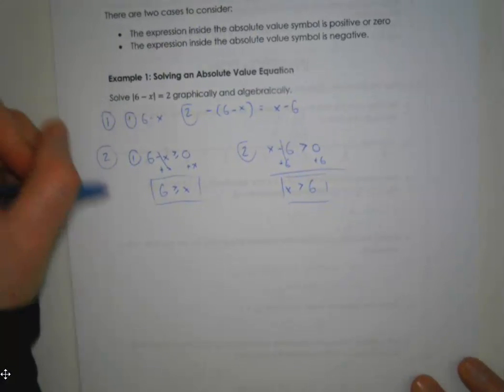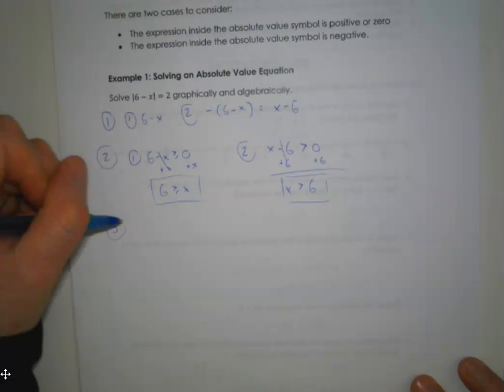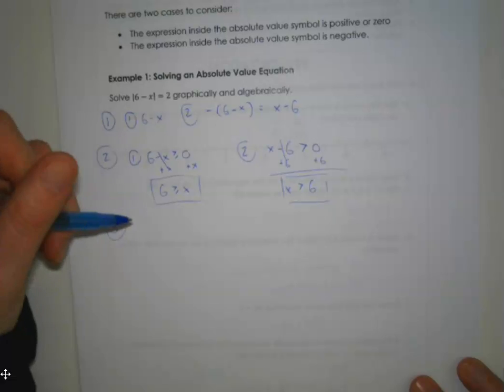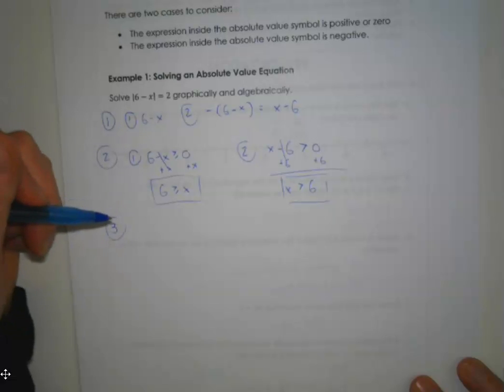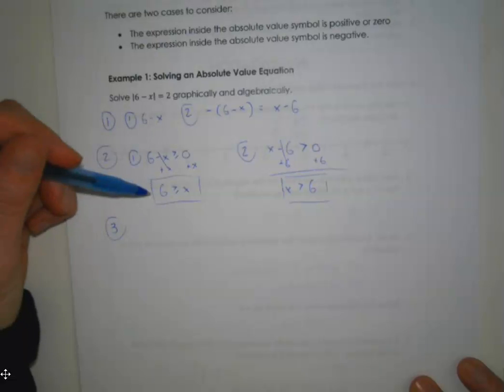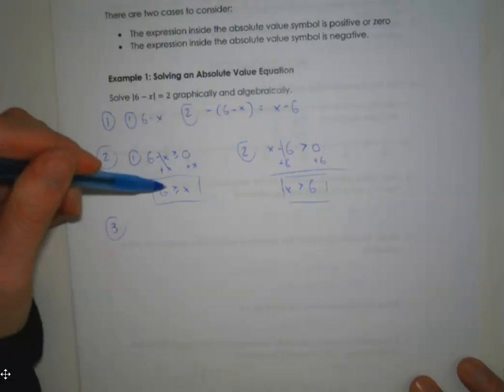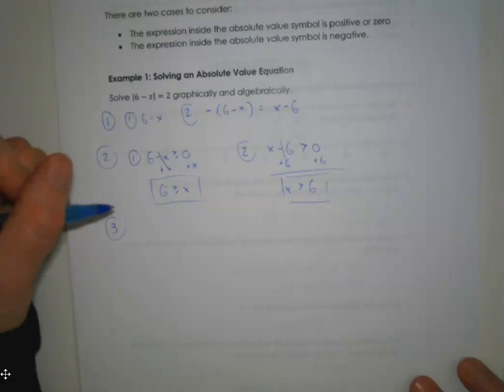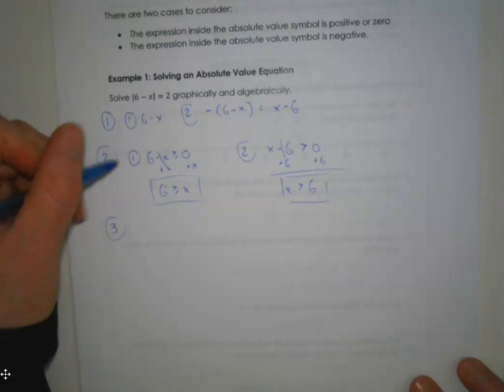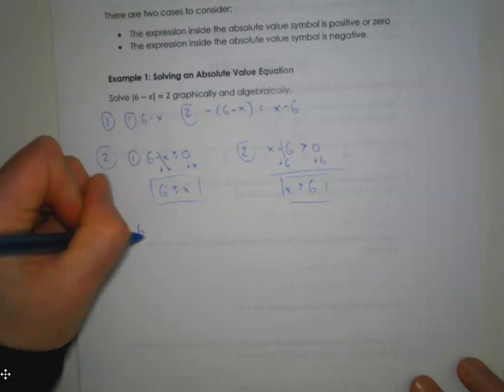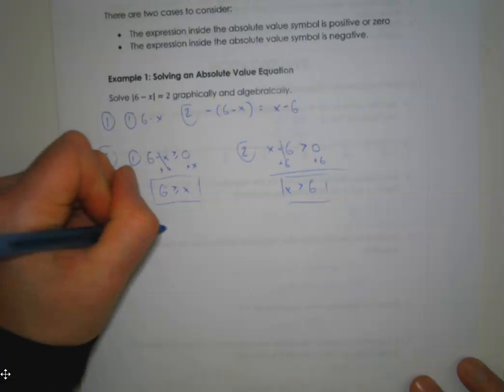Then we need to solve the equation, basically, and determine the values of x. So we're solving for x, and then once we've solved for x, we want to determine if those solutions match what we've determined in step 2 in terms of what the acceptable values are. So for this first one, 6 minus x is equal to 2.